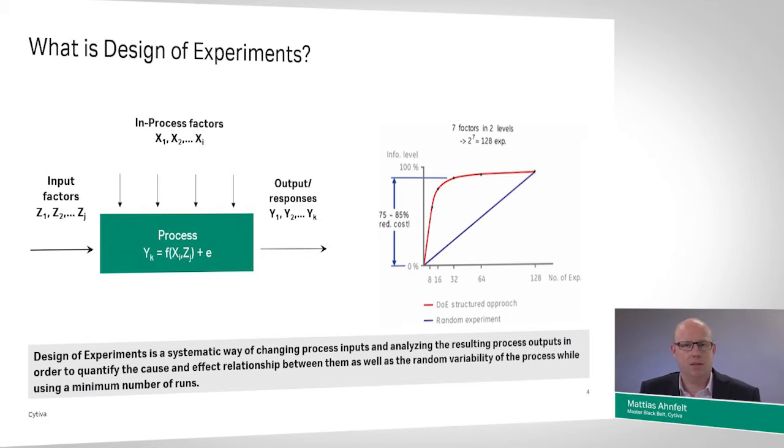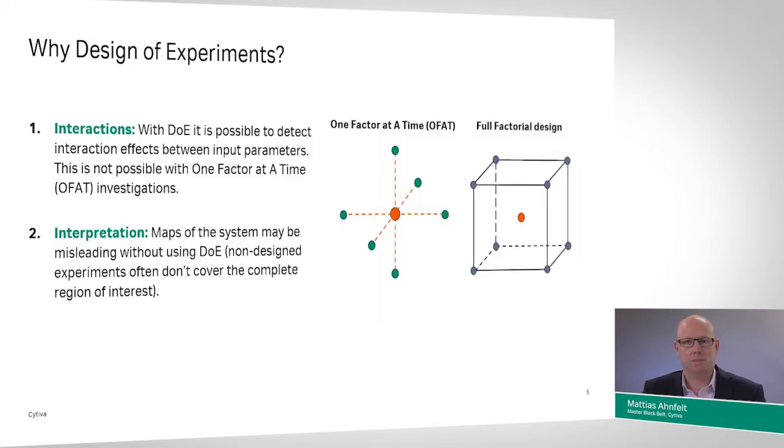The nice thing about design of experiments is that it does so very systematically, allowing for detailed understanding of what the cause and effect relationships look like, and it does that in a minimum number of runs. So by employing a structured design of experiments approach in process development, we can arrive at a detailed understanding of how our processes work in a much shorter time than by employing a more random or one factor at a time approach.